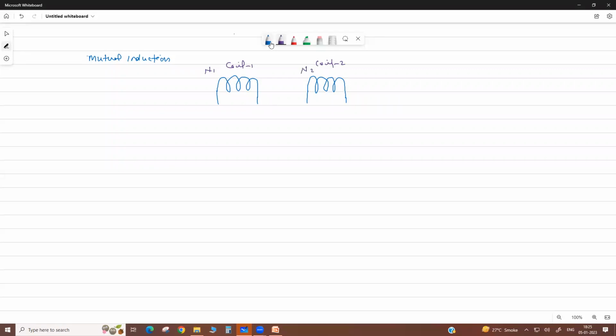When the primary is connected to an alternating AC source, a changing alternating current flows. Flux is directly proportional to current. If current is sinusoidal, the flux is also sinusoidal. Sinusoidal current produces sinusoidal flux.